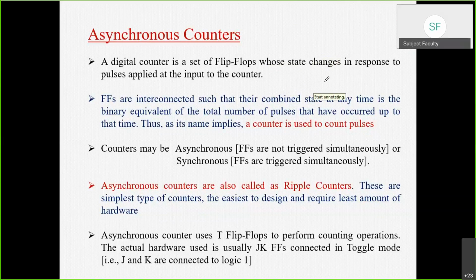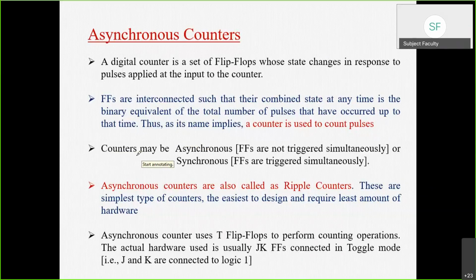All right. Now, counters may again be asynchronous or synchronous. A counter is also one of the sequential circuits. Just like we saw in the earlier slide, any sequential circuit can be asynchronous as well as synchronous.